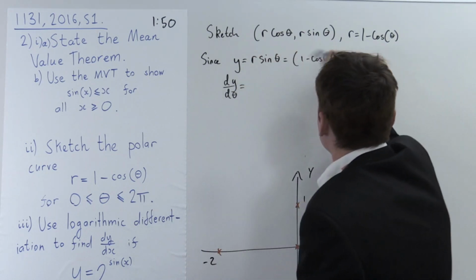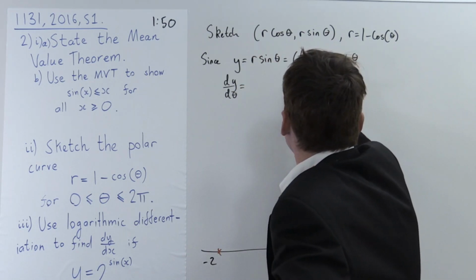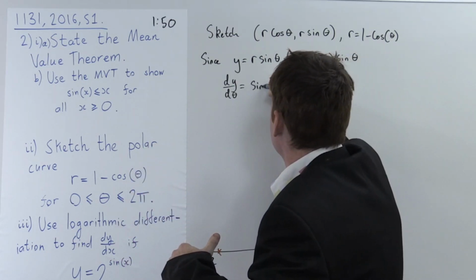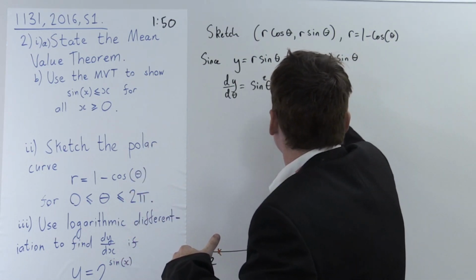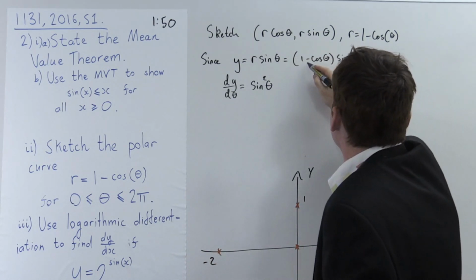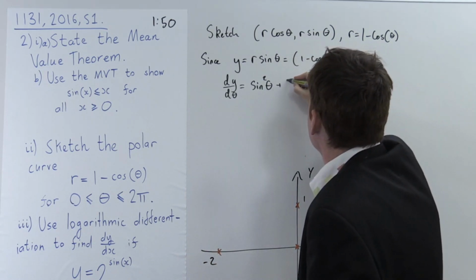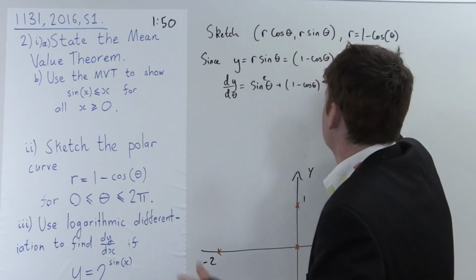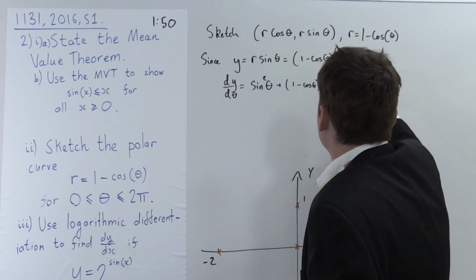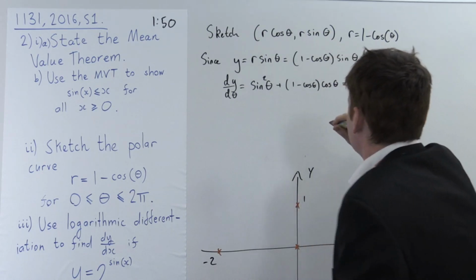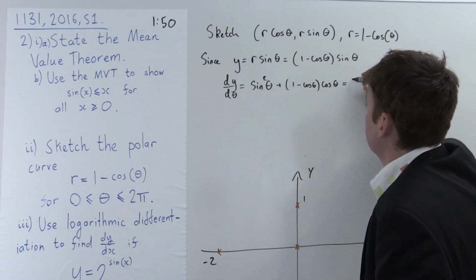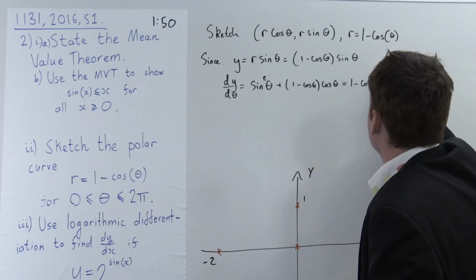It is equal to, well, I can differentiate this with respect to theta. Cos goes to negative sine, and this times this causes sine. So this is equal to sine theta times sine theta, which is 1 minus cos squared theta.